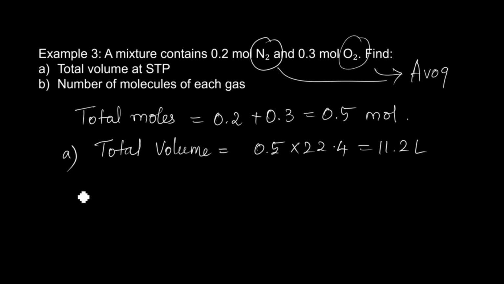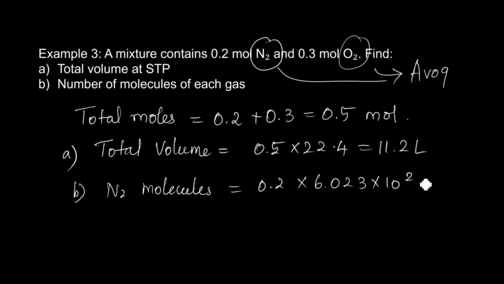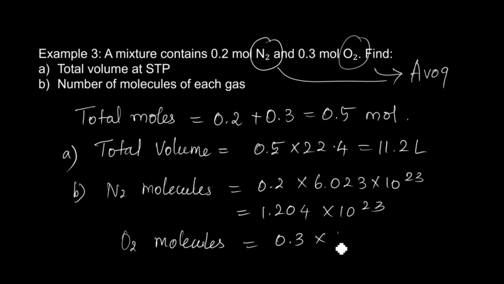N2 molecules is 0.2 into Na, that comes out to be 1.204 into 10 to the power 23, and O2 molecules, that is 0.3 mole, comes out to be 1.807 into 10 to the power 23 molecules present in 0.2 and 0.3 moles. Okay, cool. If they give us a mixture also, you should be able to do it.